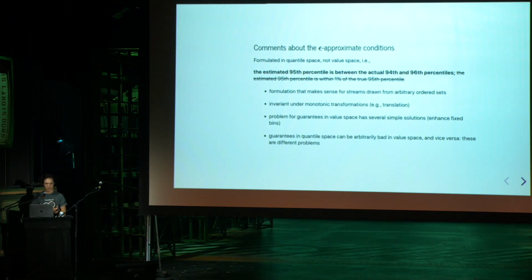So these are just different problems. If you have some histogram and all of the values are sitting in a single bucket, you don't actually have any guarantees in quantile space. Similarly, for these data structures, in general, you don't have any guarantees in value space. Although in practice, you can see some correlations, but this is very data dependent.